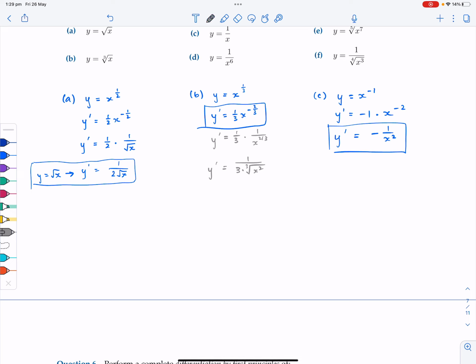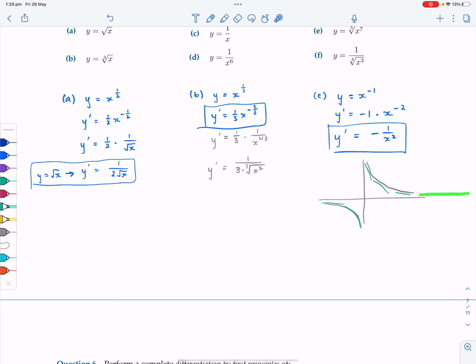I want to point out to you, if you graph y equals 1 over x, then every single tangent you can draw has a negative gradient, every single one. And look at this expression. That's always negative because x squared is always positive, and so the negative means that this whole thing is always negative, so it fits.